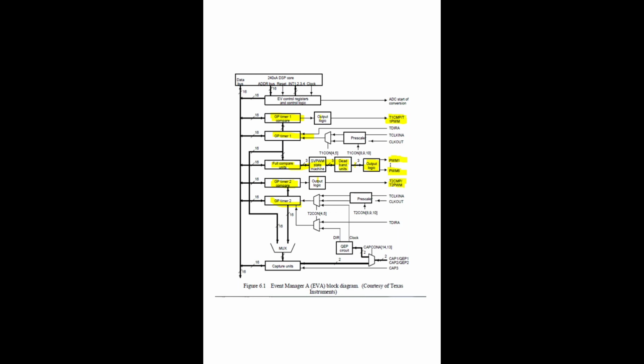Similarly, here a capture unit is there. This capture unit takes input from timer 2 and also from timer 1. If you want to know the present timer value, that mux, which means multiple inputs and a single output, will be controlled to give either the timer 1 value or the timer 2 value, with 0 and 1. 0 means timer 1 will come, 1 means the timer 2 value will come.